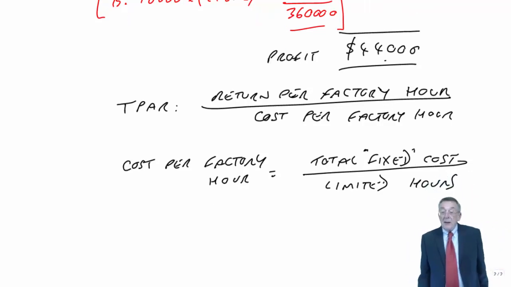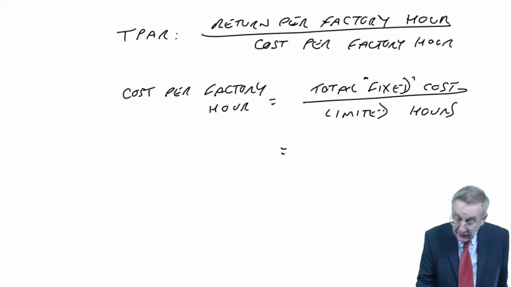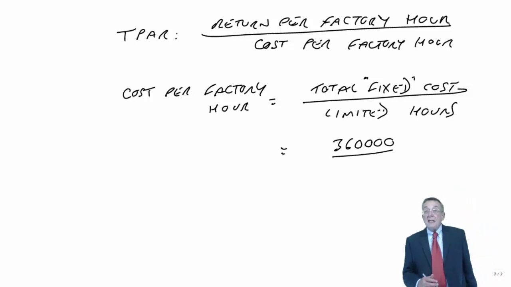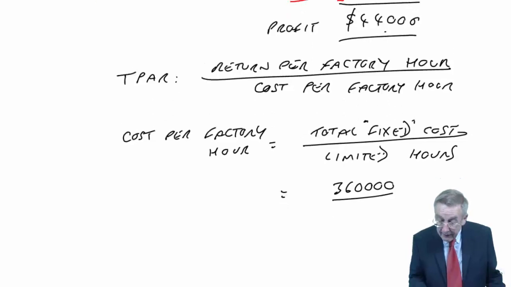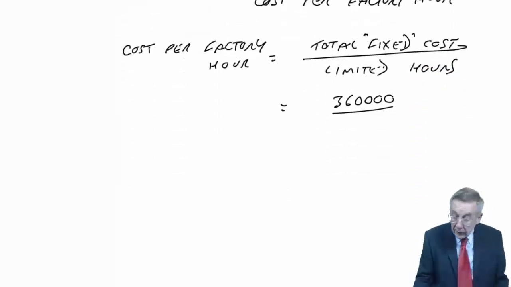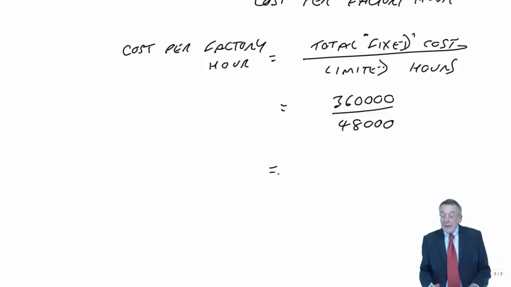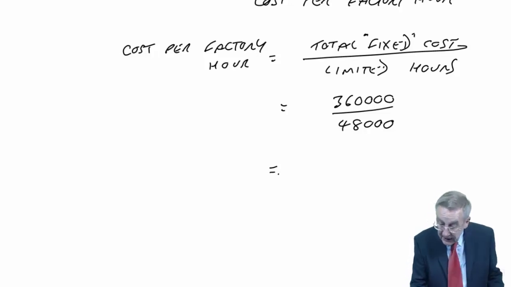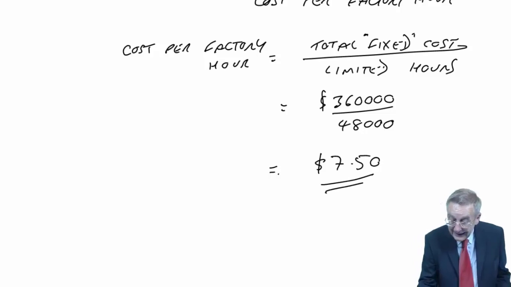And so now I can finish it because we've already established the fixed costs are 360,000. The limited hours are, what were they? Sorry, the question, 48,000. And so the cost per factory hour, 360 over 48, is $7.50.